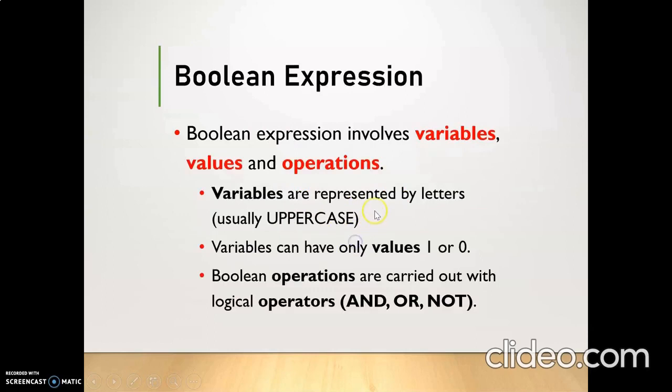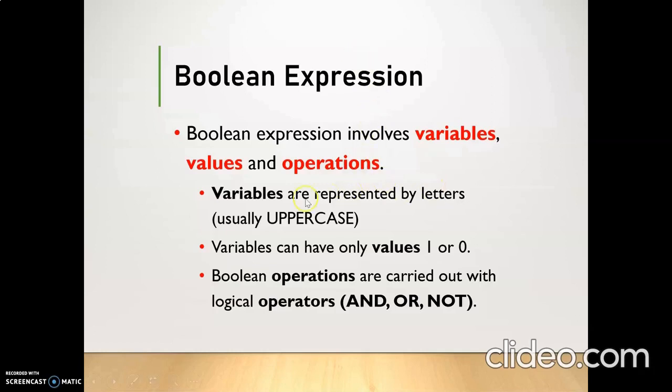Let's look further. A Boolean expression is a sentence that we write in Boolean algebra. For example, in algebra we have an algebraic expression like y equals 2x just now. So a Boolean expression involves variables, values, and operations.